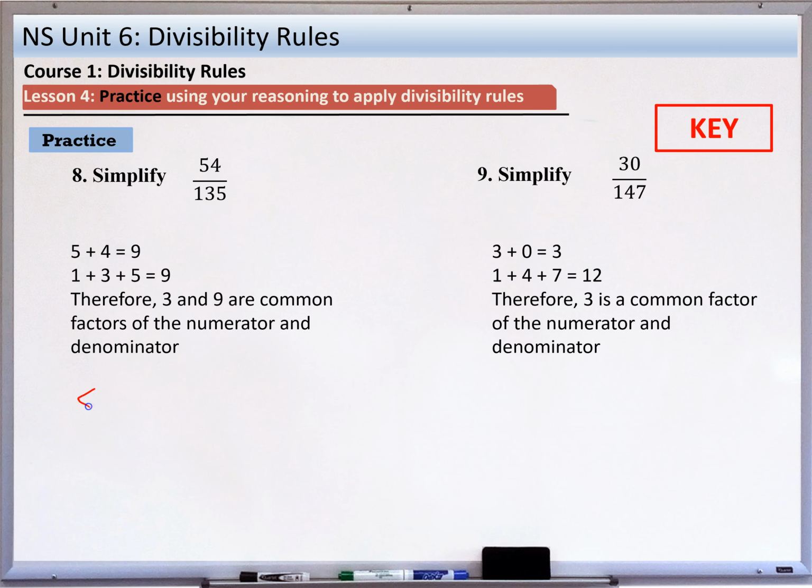So we're going to take 54/135ths divided by 9. And we get, what's that, 6? And 135 divided by 9 is 15.